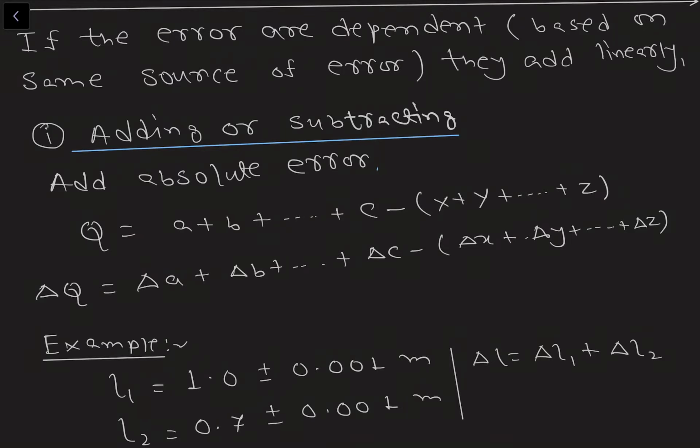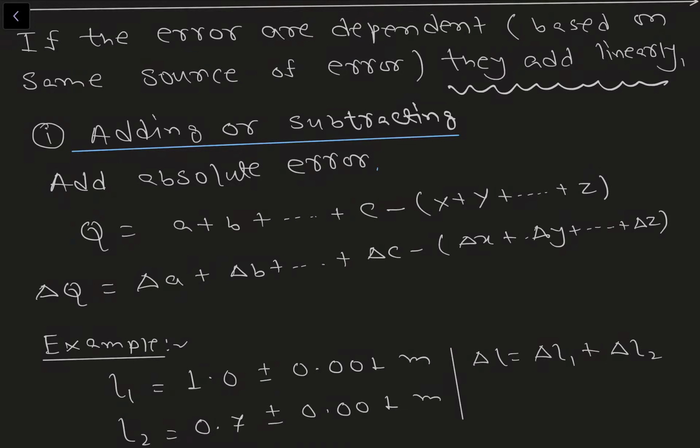So here we will assume it is kind of a dependent thing, but this power formula works for both dependent and independent cases. Now let us discuss if errors are dependent, that means errors are coming from the same source.